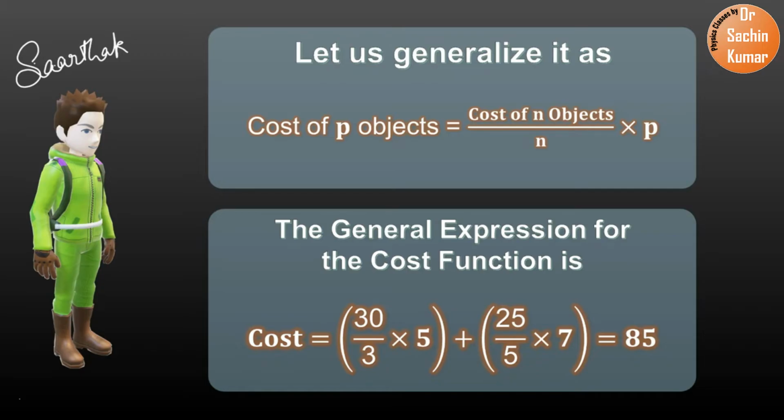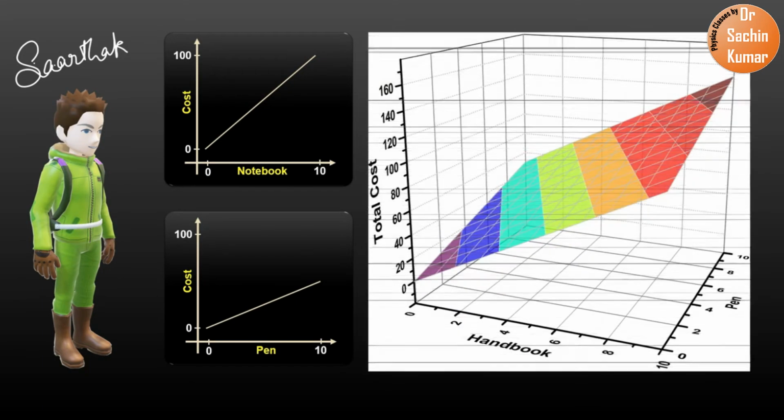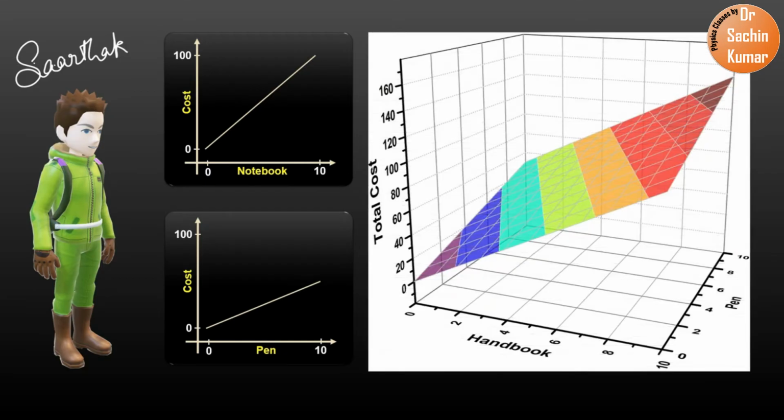Now, what if I plot these curves individually, like I want to calculate the cost only for the notebooks? So you will see a linear graph. If I plot this collectively, it will look like this, in which on one axis you can see 0 to 10 pens towards your right, and along the vertical axis you can see the total cost.